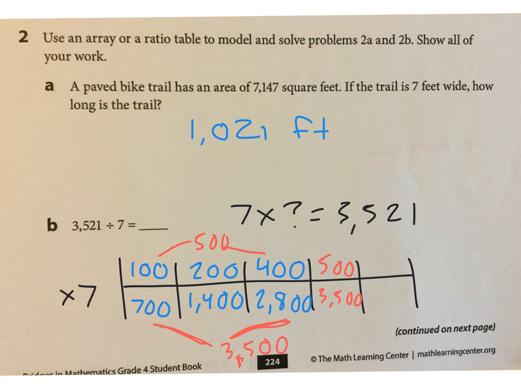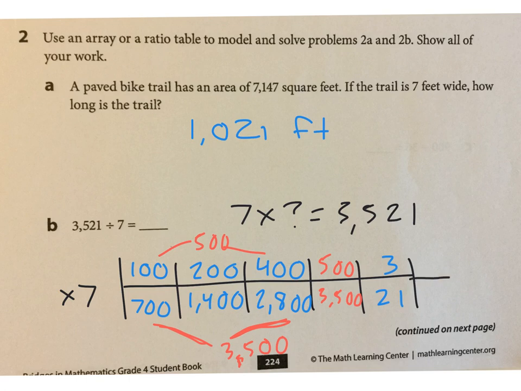Here's where we want to think about the difference. We're trying to get 3,521. Currently we're at 3,500. That means we need 21 more. 7 times what equals 21? I know that 7 times 3 equals 21.